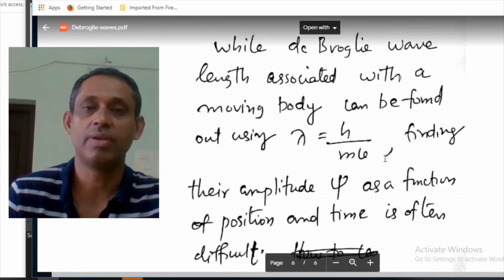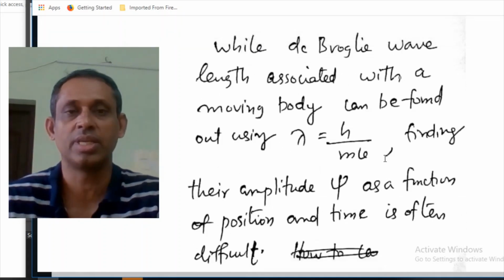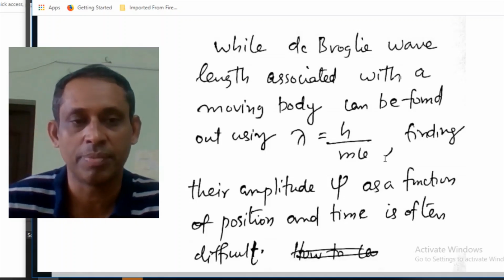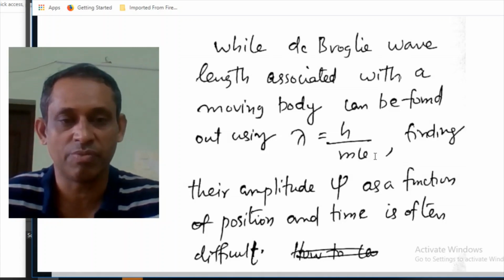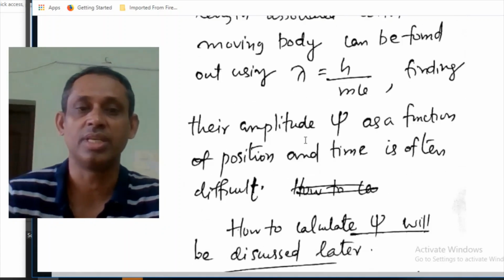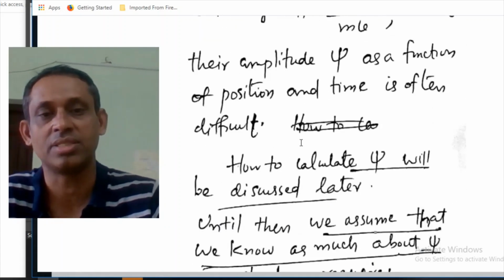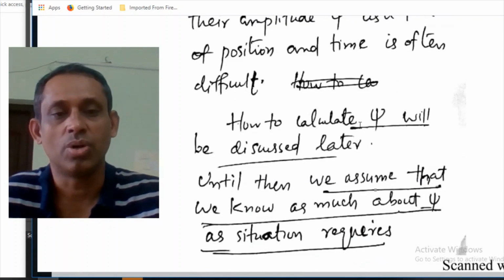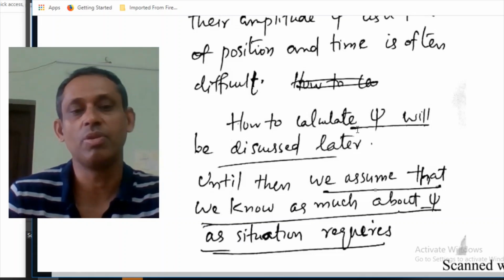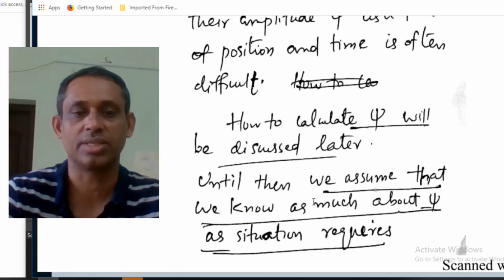So how to calculate this psi will be discussed in later sections.